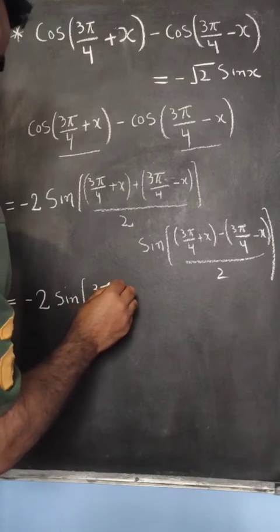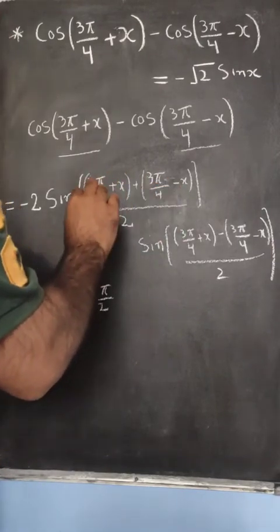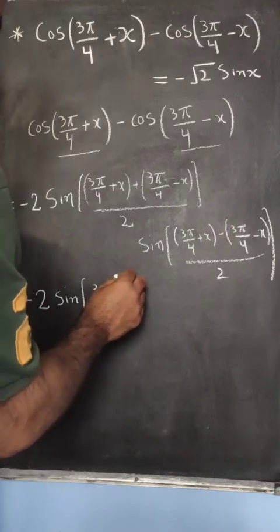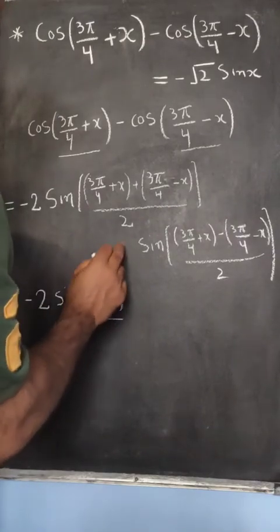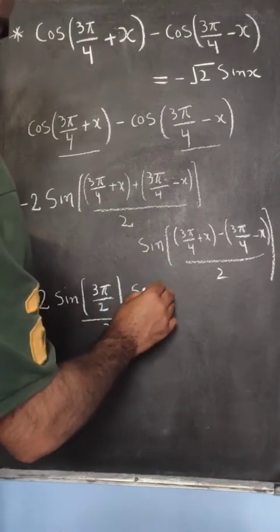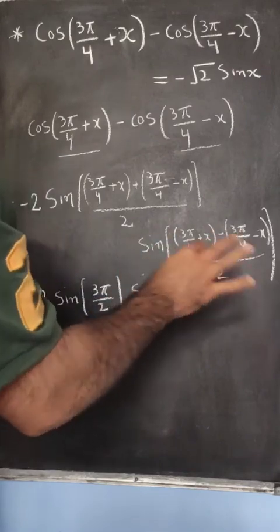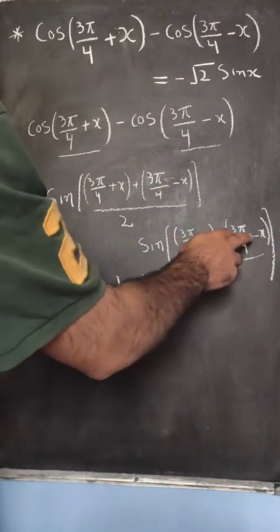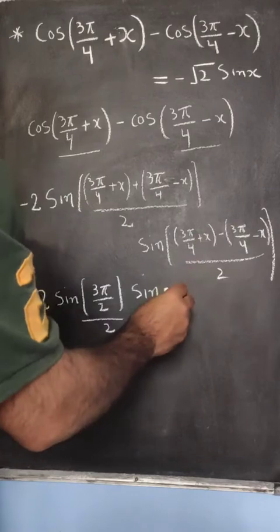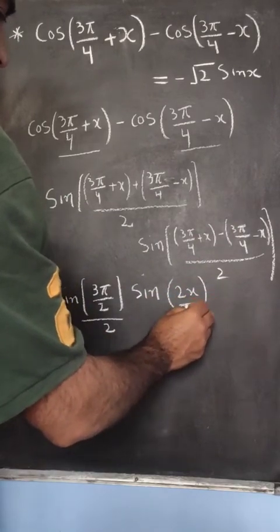So this is 3 pi by 2 plus x minus x cancels. Then we have divided by 2. Now we have sine 3 pi by 4 minus 3 pi by 4 cancels. Minus minus is plus, so x plus x is 2x. So it becomes 2x divided by 2.